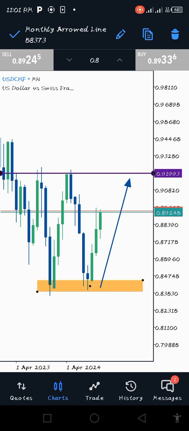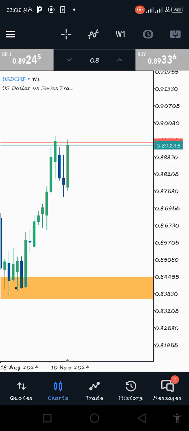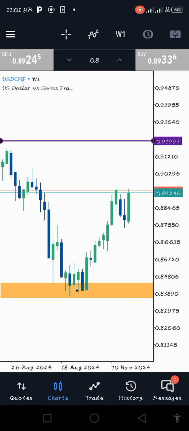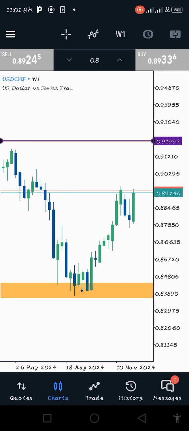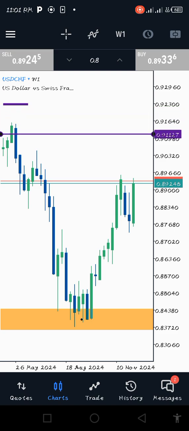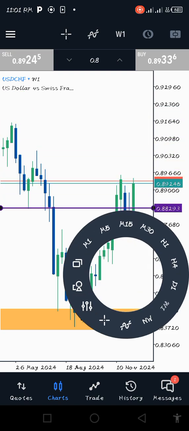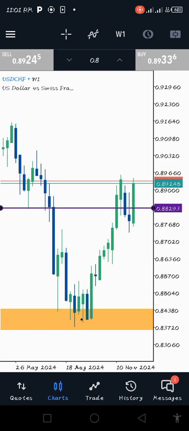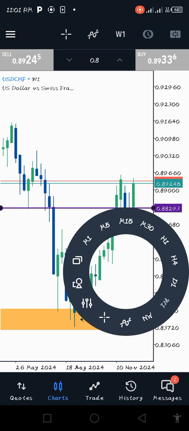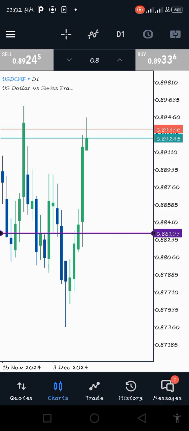So deleting this and moving to the weekly time frame so that we can look for where to find buying opportunities on this pair. Don't worry, I can't see much on this weekly time frame, so I move to the daily time frame. There's a reason I put that line there.